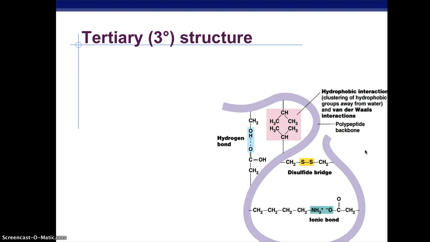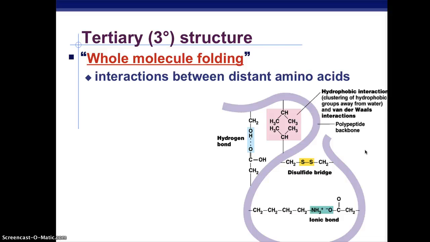Tertiary structure, so tertiary means third level of organization. This is where the R groups really come into play. This is whole molecule folding. This is where the protein will get its three-dimensional shape. And it gets its three-dimensional shape from hydrophobic interactions, meaning the hydrophobic R groups hiding on the inside of the protein.